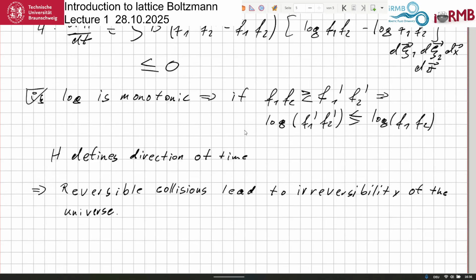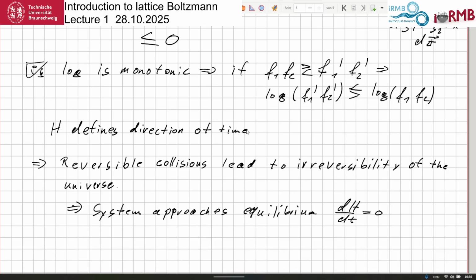Last thing to say, one thing more: the system approaches equilibrium, and equilibrium is where dη/dt is equal to 0, and we'll look next week at what this means for how we can take the equilibrium out of this.